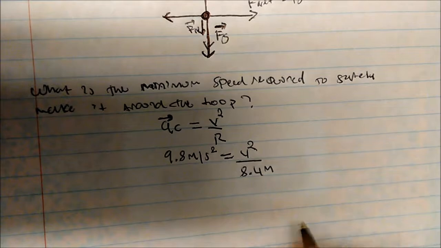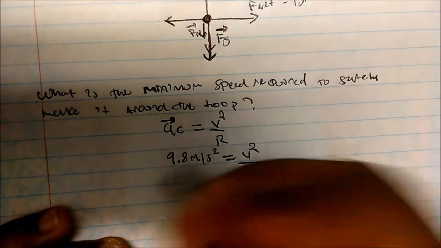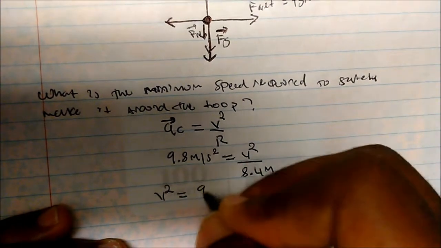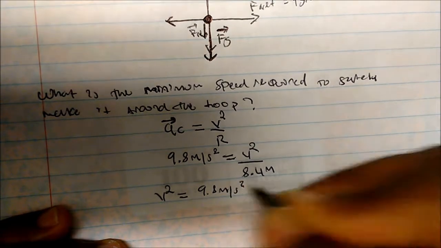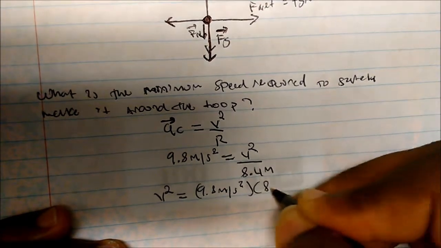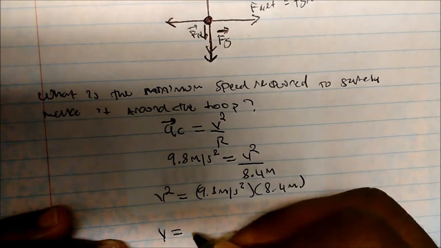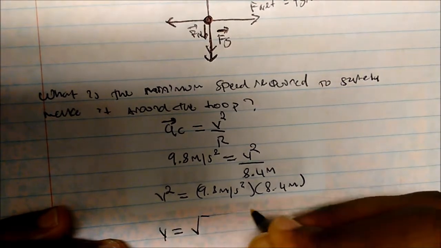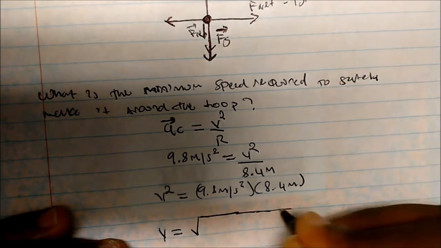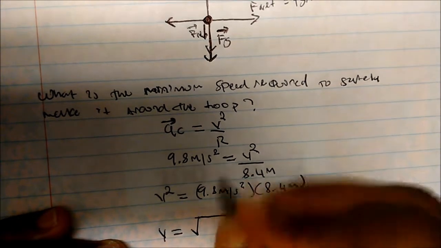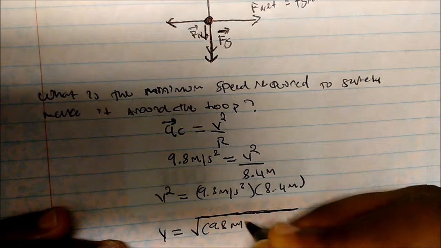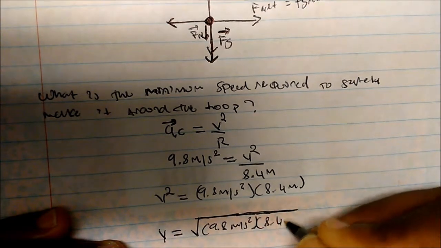It was given. And so I know that my velocity squared will be equal to 9.8 meters per second squared times 8.4 meters. Okay, and so my velocity will be equal to the square root of 9.8 meters per second squared times 8.4 meters.